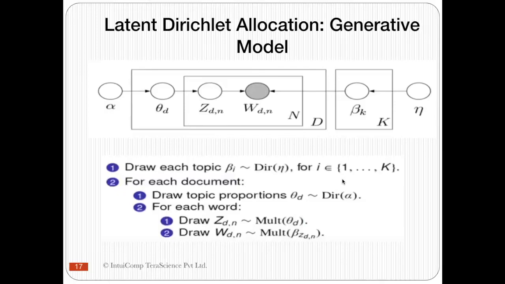We look at each of these documents, and for each document we draw theta d using alpha, and theta d gives us the proportions of the topics in each document. So yes. After this, we take each and every word from that document one by one, and we draw ZDN out of a multinomial distribution of theta d.